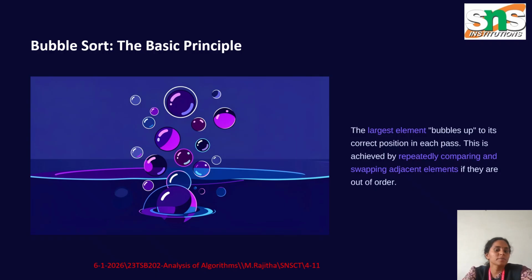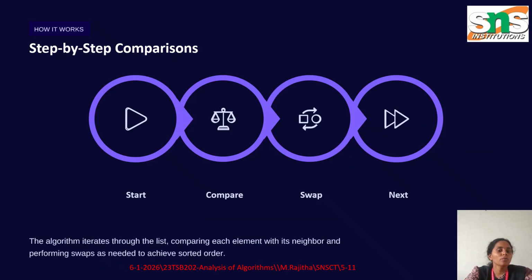Bubble sort works by comparing two adjacent elements, swapping them if they are in the wrong order, repeating this process until the list is sorted. This logic is easy to understand, which is why bubble sort is often the first sorting algorithm taught to students.